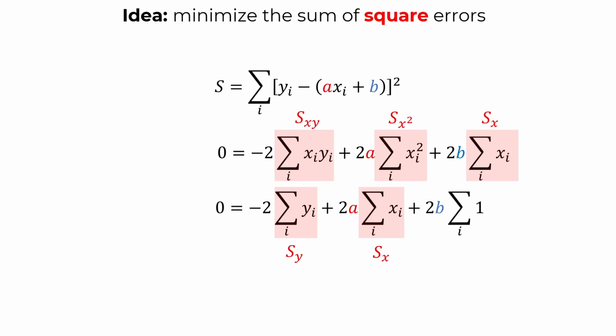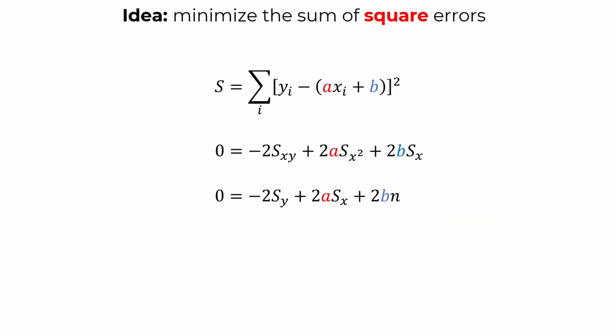The summation of x is going to be represented by s subscript x, and so on. This last summation here is just summing the constant 1 for every point i in our dataset. The result of this summation is therefore going to be equal to the number of data points. Let's call it n.